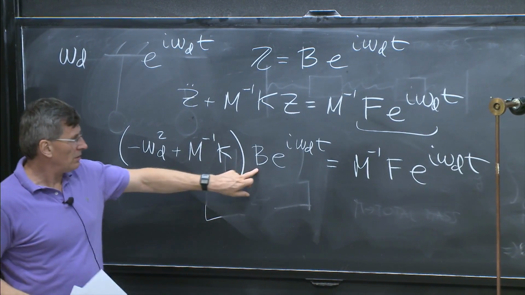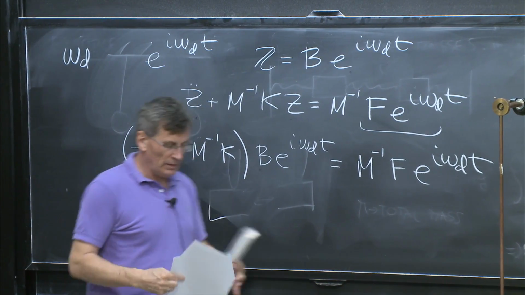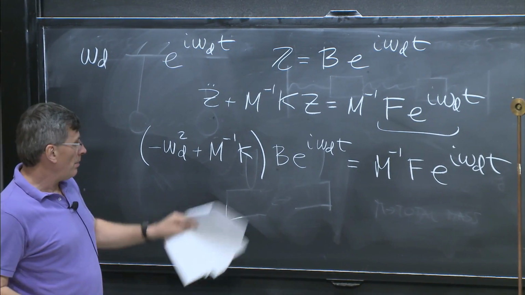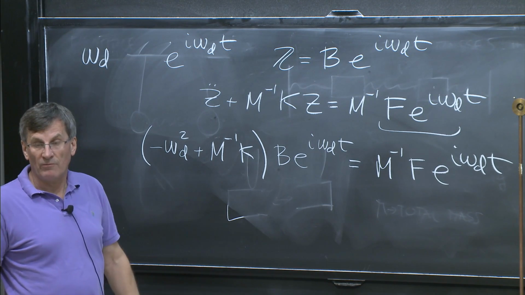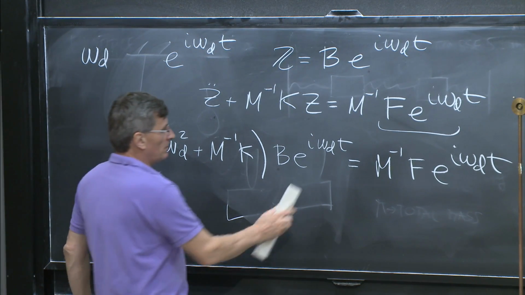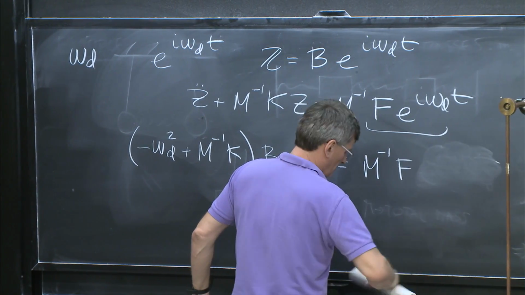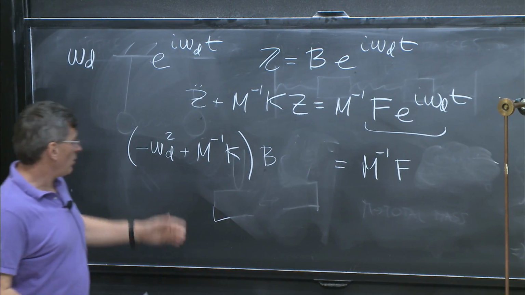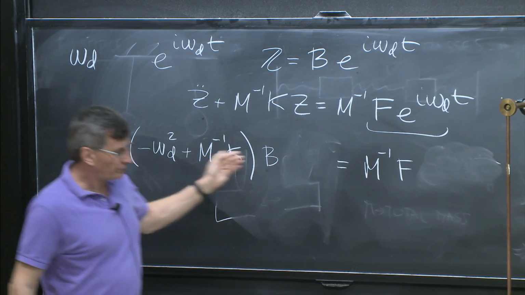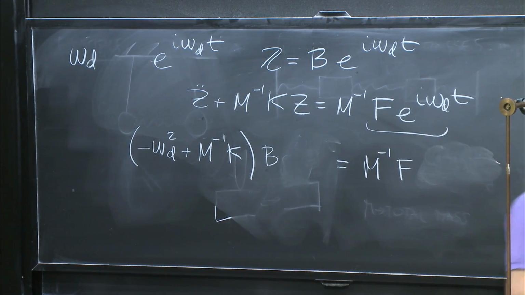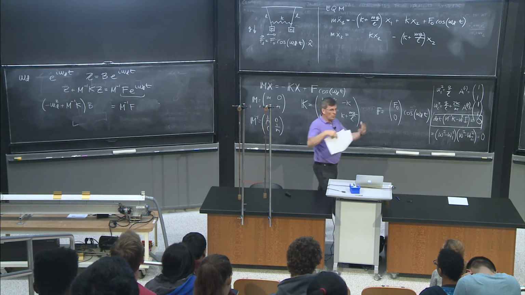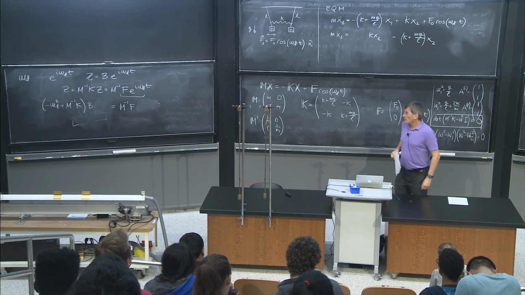This is vector b, this is vector F, and there's this oscillating term. But both sides oscillate at the same frequency, that's what we assume, so we can simply divide by it, and we are left with an equation that equates what's going on in the oscillating system with the external force.